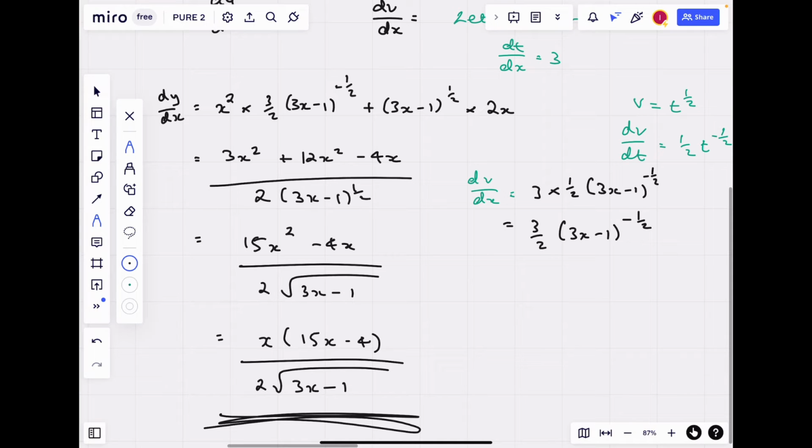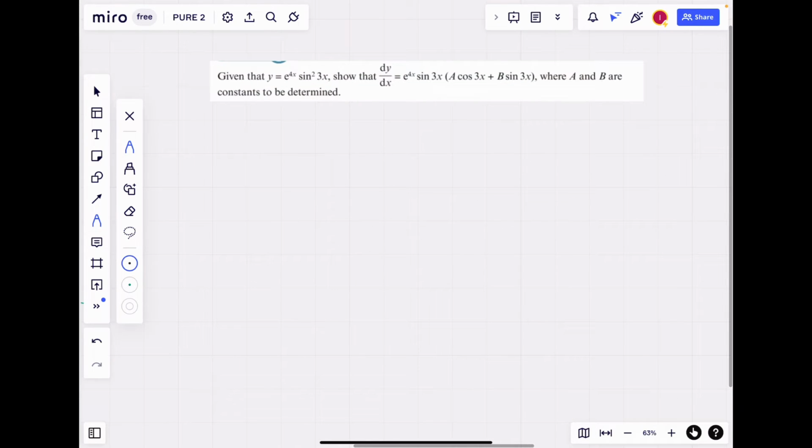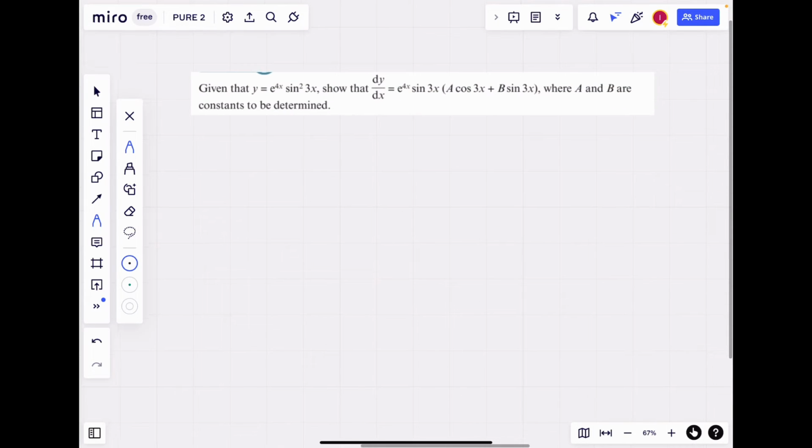Okay, I hope that made sense. If it didn't, watch it back, and hopefully it'll make sense the second, maybe even the third time round. I've put up this question. Can you try that one for me, please? So you're going to let u equal e to the power of 4x.